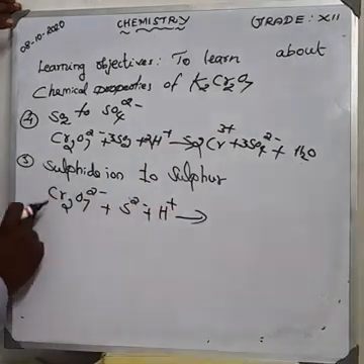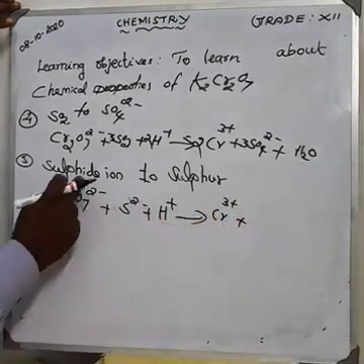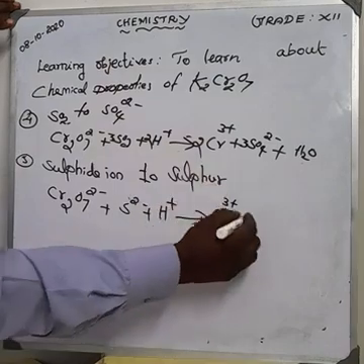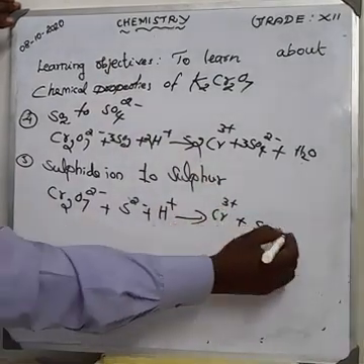So what is the product here? Chromium. Sulfide ion is converted to sulfur. Hydrogen combines with oxygen to form water.